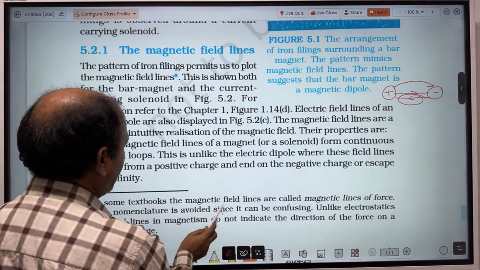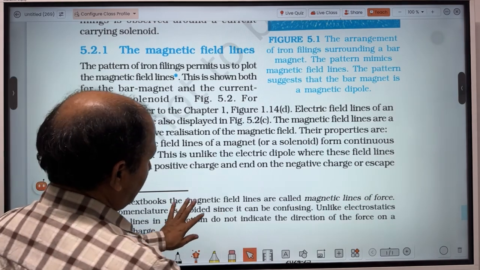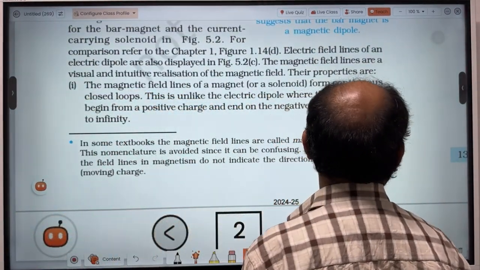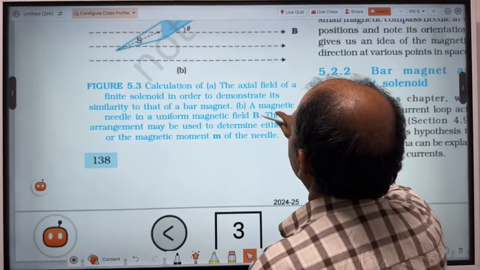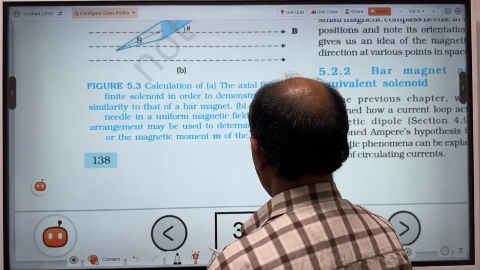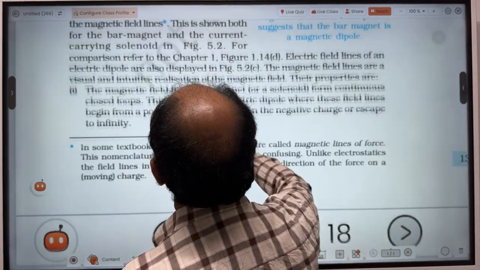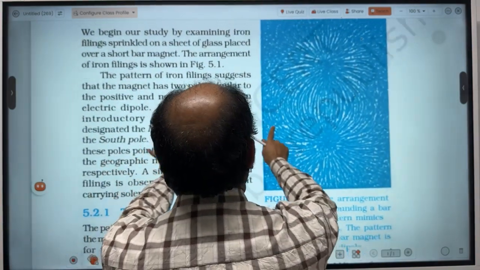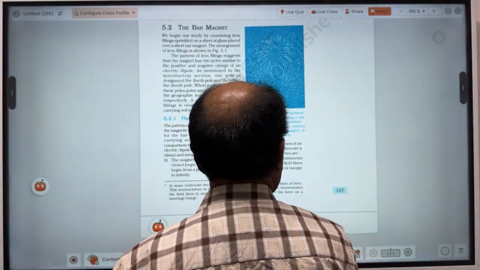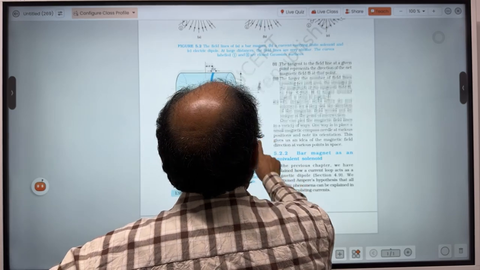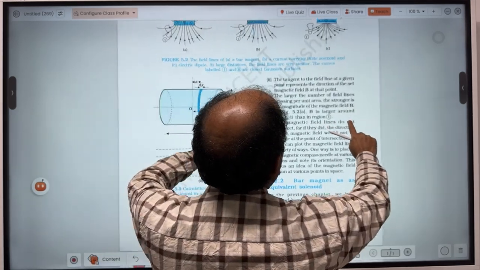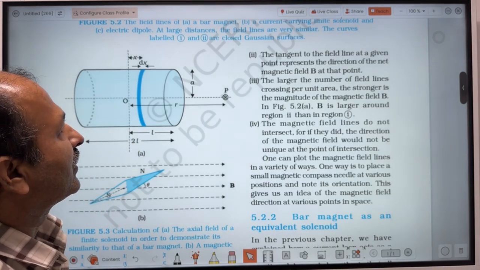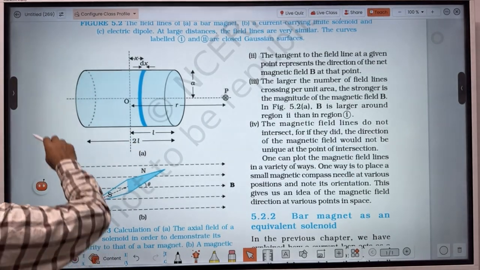Then comes the next point. The next point says the tangent to the field lines at a given point represents the direction of the net magnetic field B at that point.